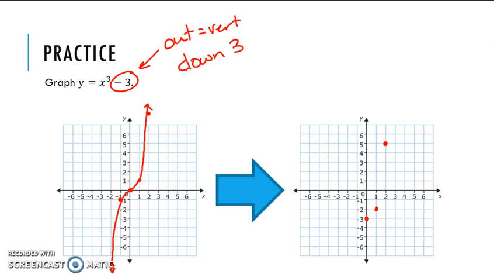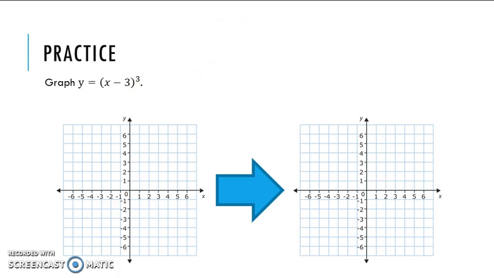There we go. And then this one is really far down off the screen. So we've got that.